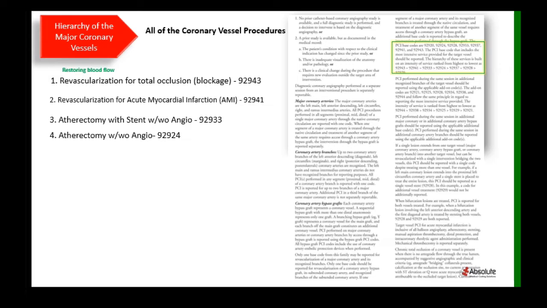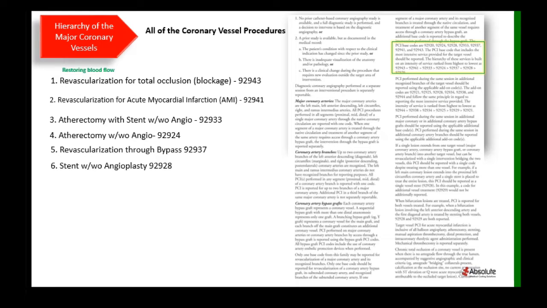The fourth is atherectomy with or without angioplasty, 92924. You saw me almost slip. Number 5, revascularization through a bypass graft. Yes, if the patient has a bypass graft, that can become clogged and intervention may be necessary. And that code is 92937.